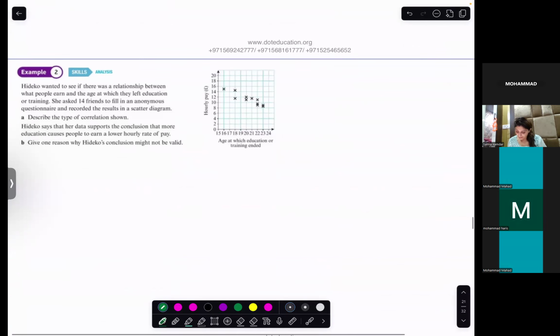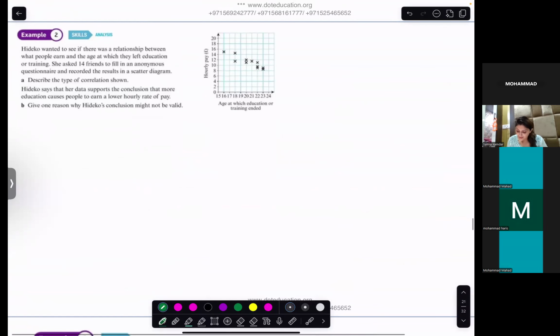Yes. Okay. Now give one reason why Hiduku's conclusion might not be valid. Hiduku says that the data supports the conclusion that more education causes people to earn a lower hourly rate of pay. What is Hiduku saying?